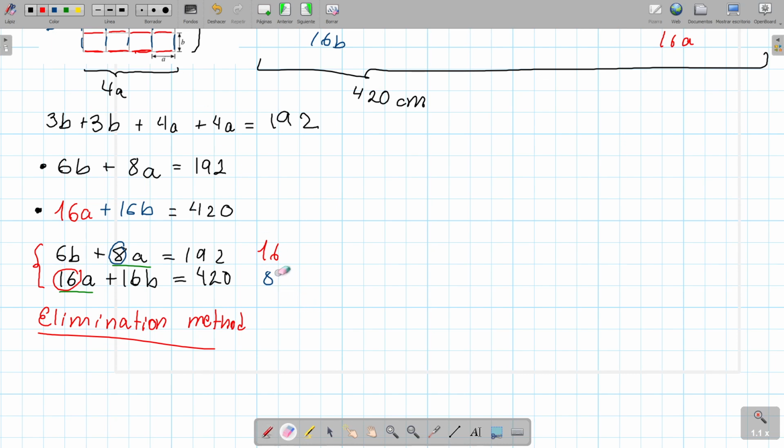In the elimination method, the good thing is that we can simplify these two numbers, 16 and 8. I can take the eighth part: it's going to be 2 and 1.